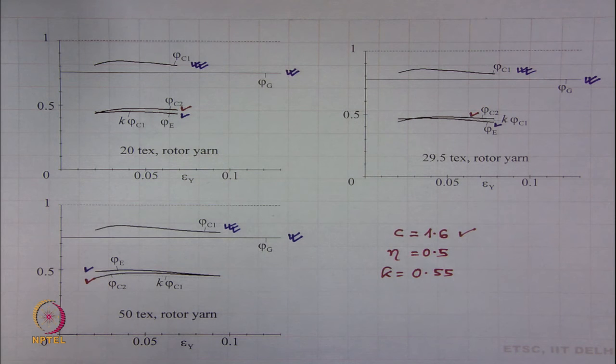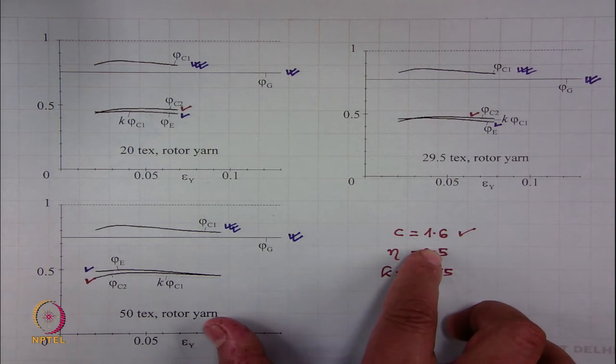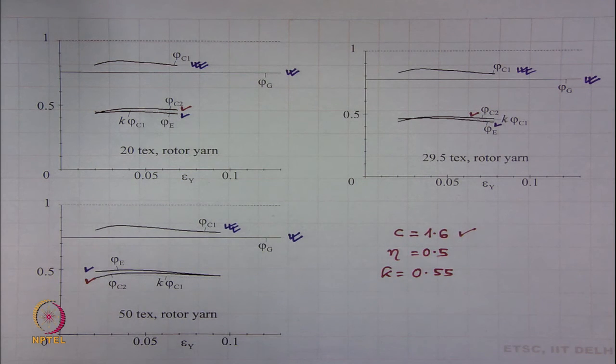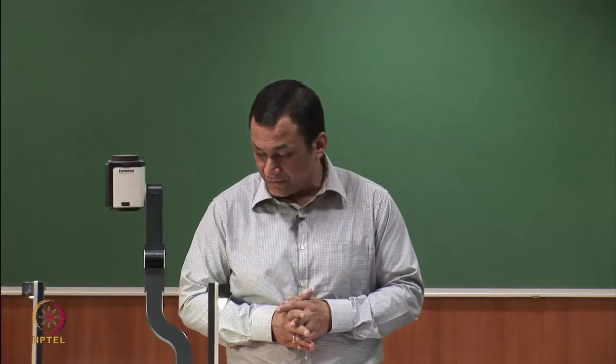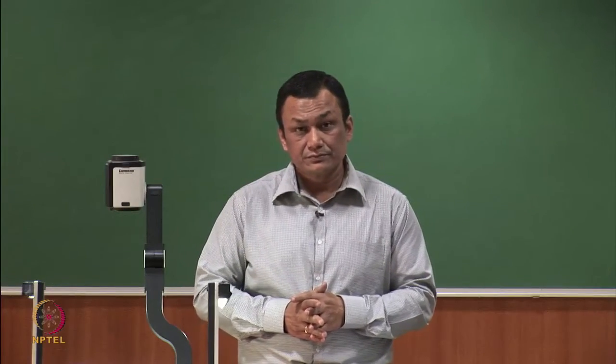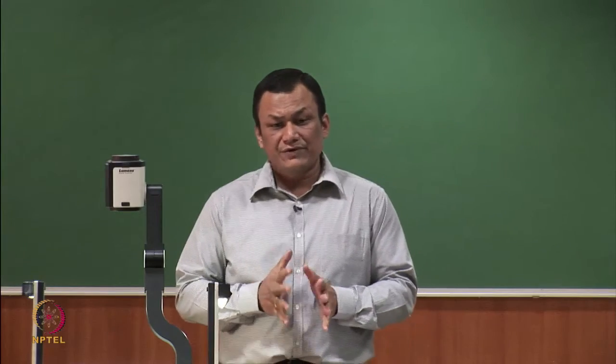As the anisotropy increases, the value of C increases. For ring yarn it was 4.9, much higher than 1.6. So, the anisotropy level in ring yarn is much higher than in rotary yarn, because of the fiber configuration.